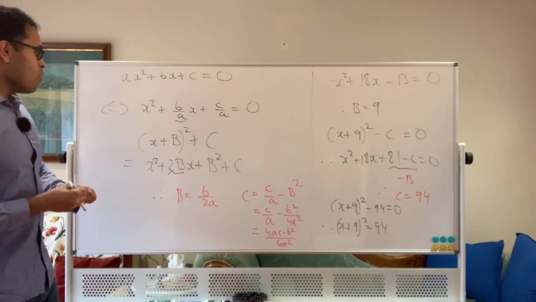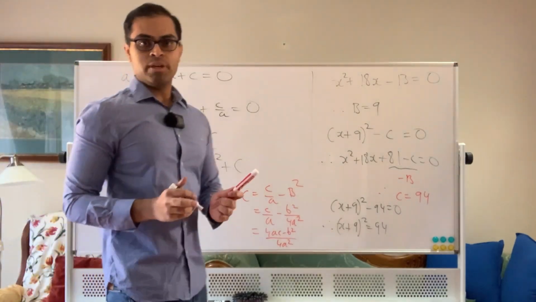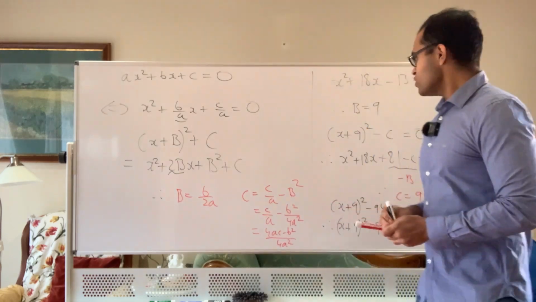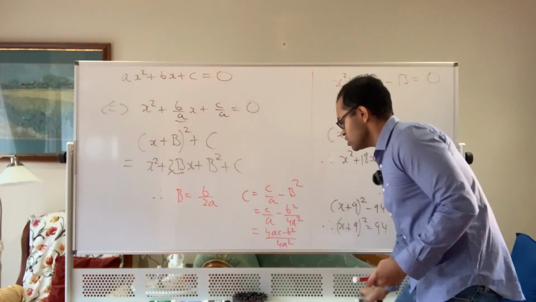So now we know what the solution is to this equation, x plus big B squared minus big C. I've introduced these new letters, so what is that solution going to be?